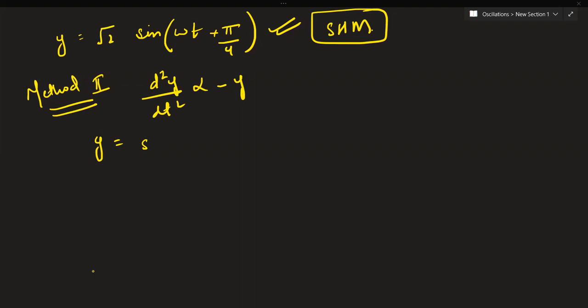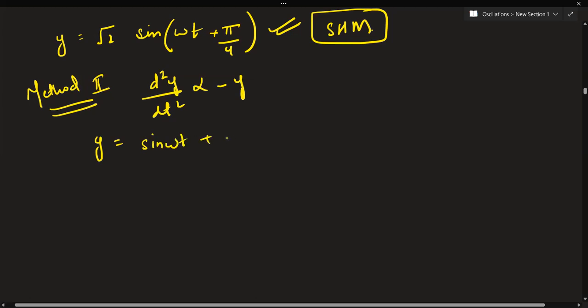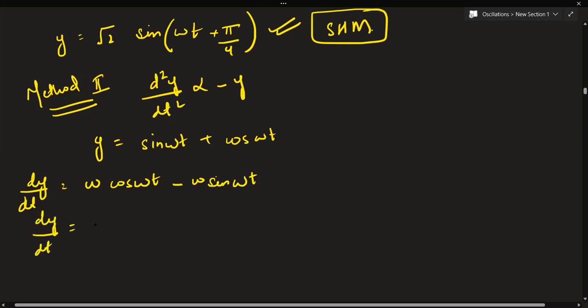All right, so the equation was what? Yes, sine omega t plus cos omega t. I will have to differentiate it first, dy over dt. The constant omega will come out. Sine omega t will become cos omega t. For cos omega t, omega will definitely come out, but a minus sign will be there when we convert cos into sine omega t. Then dy over dt will be equal to omega, I can take omega common, times cos omega t minus sine omega t.